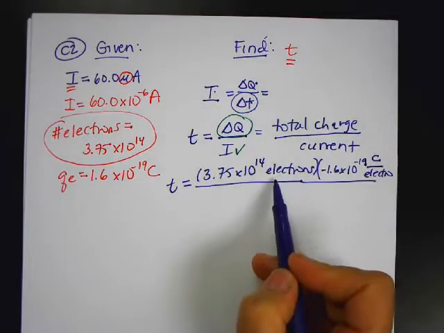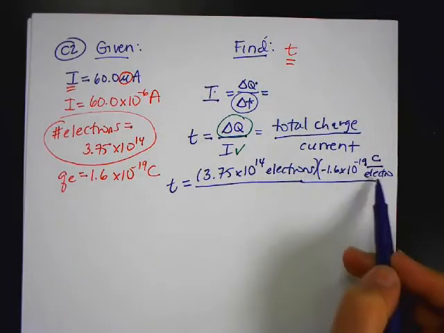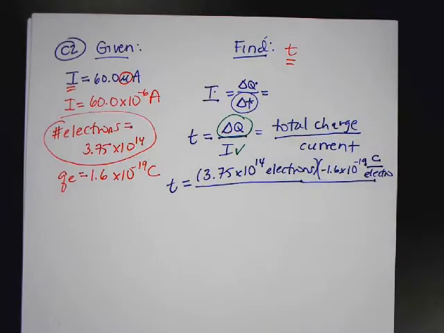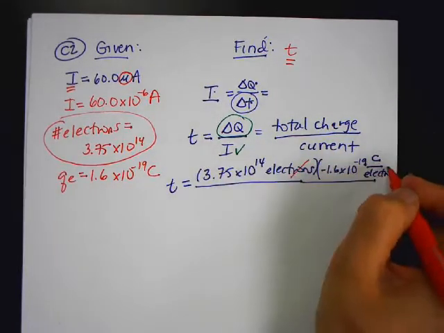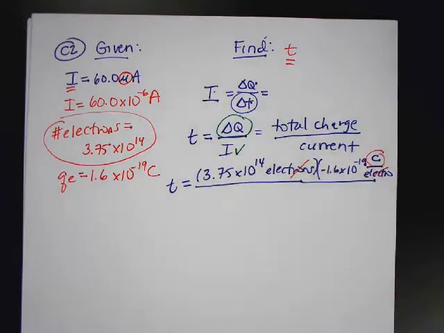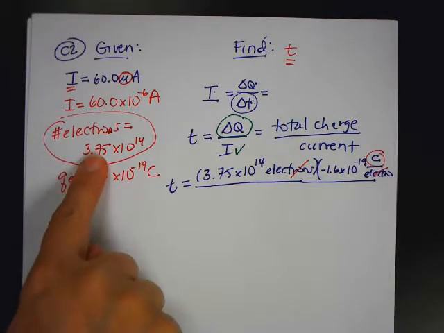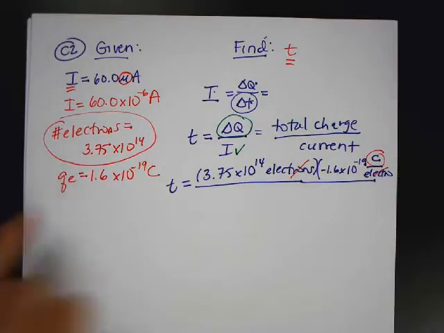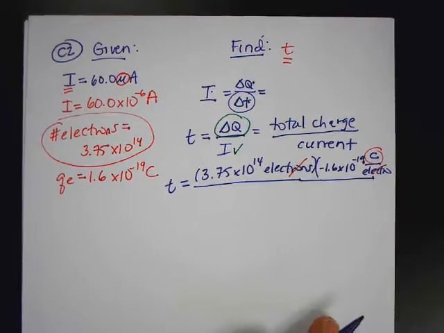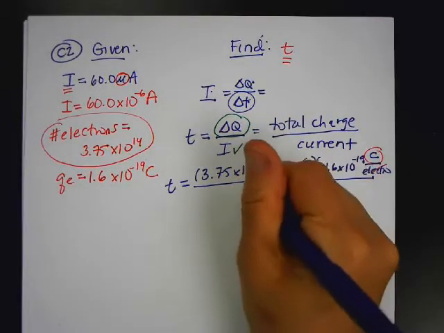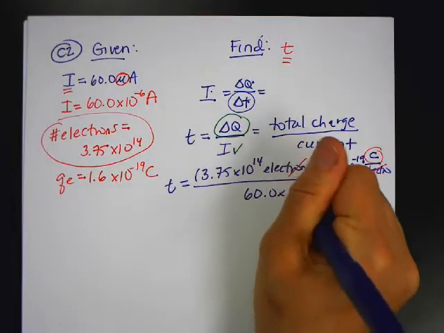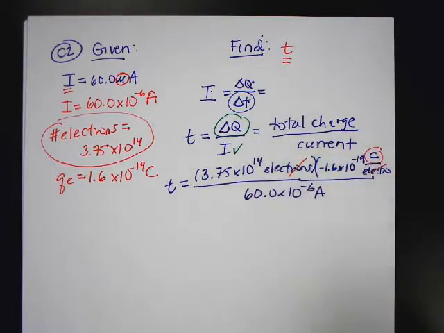You see I have electrons in the numerator and electrons in the denominator, so this gives me the total charge in coulombs. Even though they didn't tell you the total charge, because they told you the number of electrons and the charge of an electron, you can find that. And then the current would be 60 times 10 to the negative 6 amps.